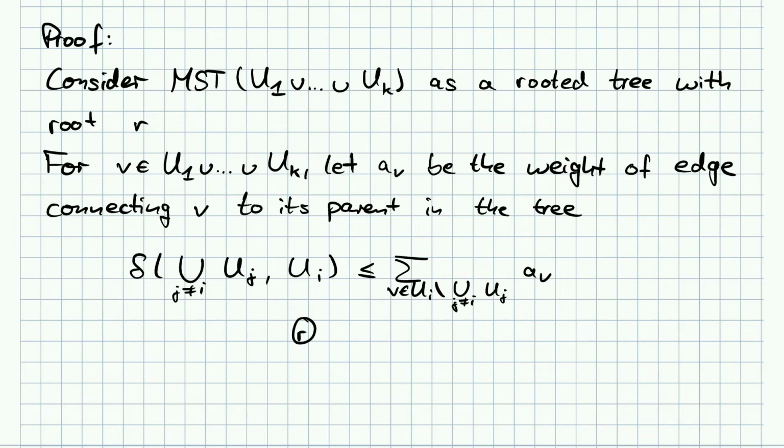So what does our tree look like? Maybe it looks like this. And now some of these nodes belong to U1, some of them belong to U2. Let's just say that K is equal to 2, so we'll have only two sets, U1 and U2. Let's say we have the red ones and the blue ones.